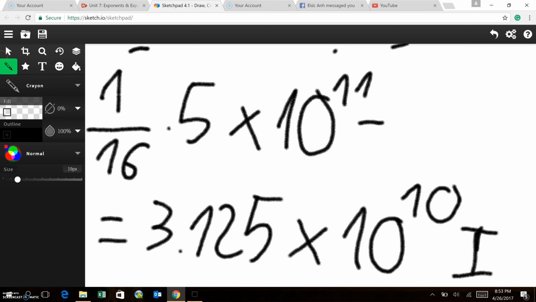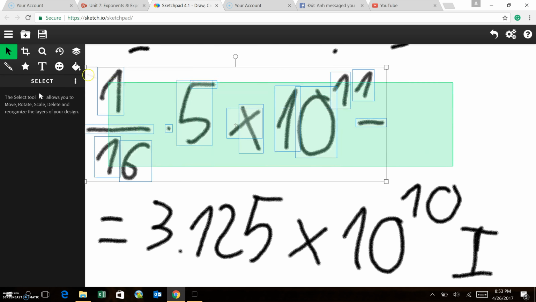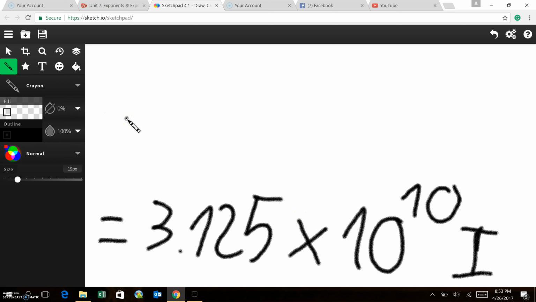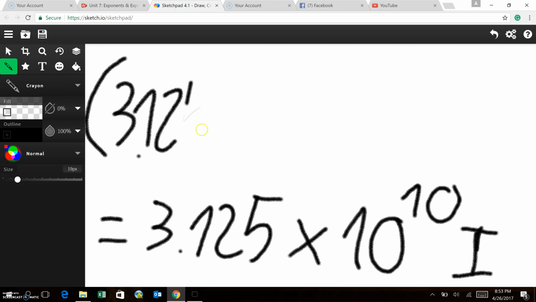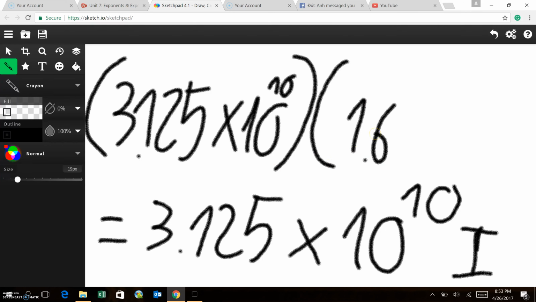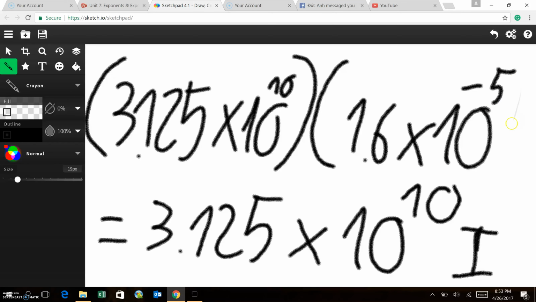So now I'm gonna start to convert this inch to miles. So we're just gonna take 3.125 times 10 to the power of 10 with 1.6 times 10 to negative 5.